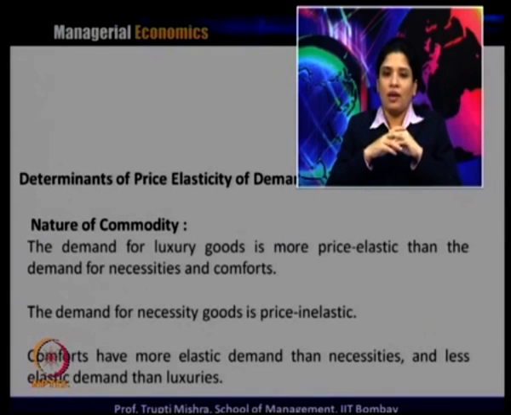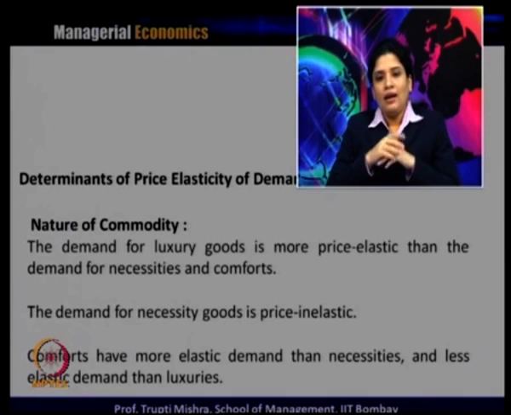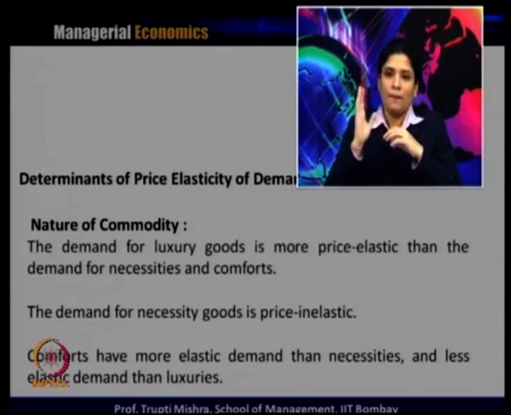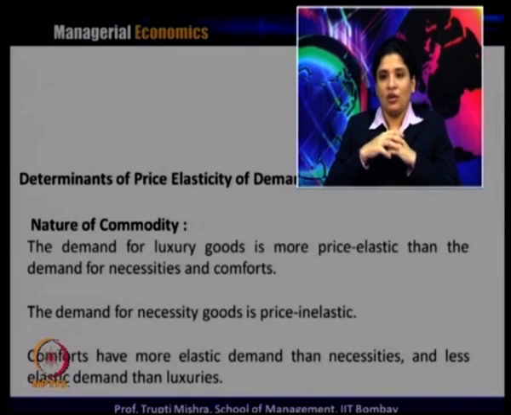When you have the capacity to own a two-wheeler, you will always prefer to go by that because it's a comfort for you. You can wait a few months for the price to come down, but you cannot wait for 2 years, 3 years, and that is the reason this is less elastic demand than luxuries.